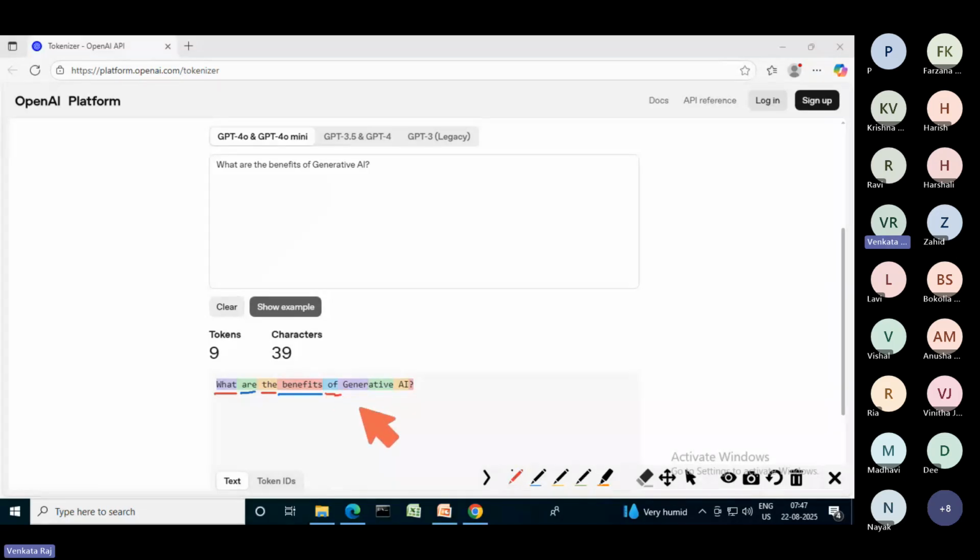Another block is space and of. For the word generative, even though I told you the whole word can be taken as a token, or part of a word can also be taken as a token, we are seeing that generative got broken down into 2 blocks. Yes or no, everyone? And then AI is another block. Question mark is another. So in total, this text got broken down into 9 tokens, everyone. Is it clear?